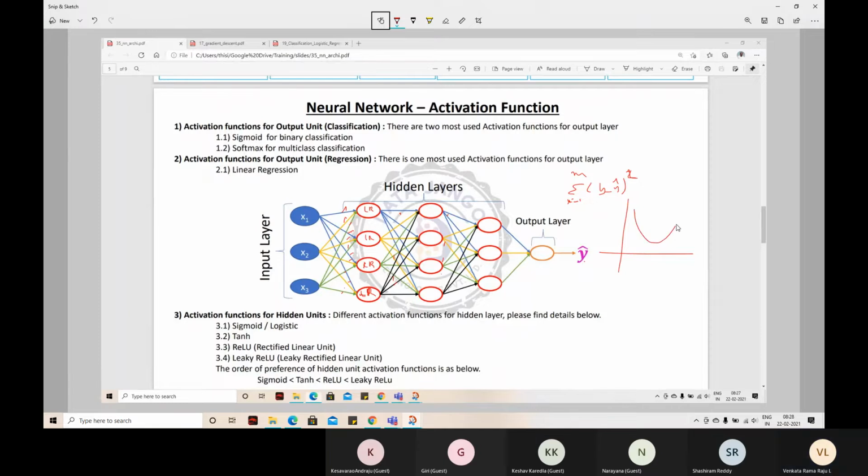For this node, the same cost function; for this node, the same cost function, because these are all linear equations. Ultimately, all the weights will reach the same place. Either you use one node or 100 nodes, it doesn't matter. If you take a linear function, it is going to learn one node's learning only.